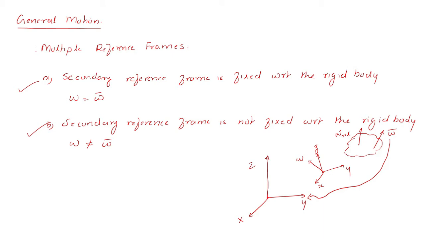Okay, so the rigid body itself is having an angular velocity with respect to this moving frame small x, small y, small z. That is, the xyz frame is not embedded in this rigid body. So if I consider a point P here, now with respect to this moving reference frame, this point P will be in motion.